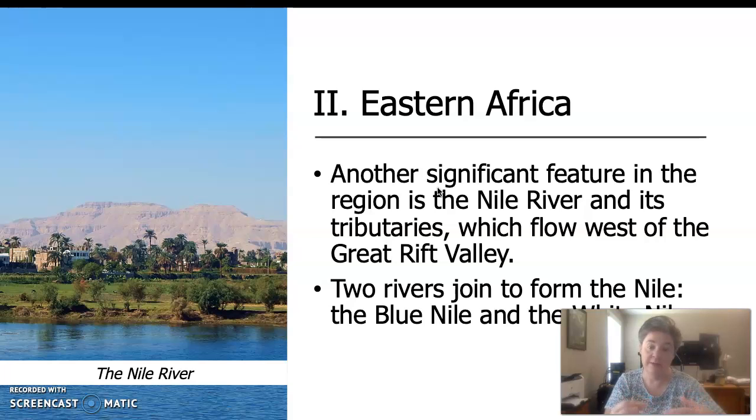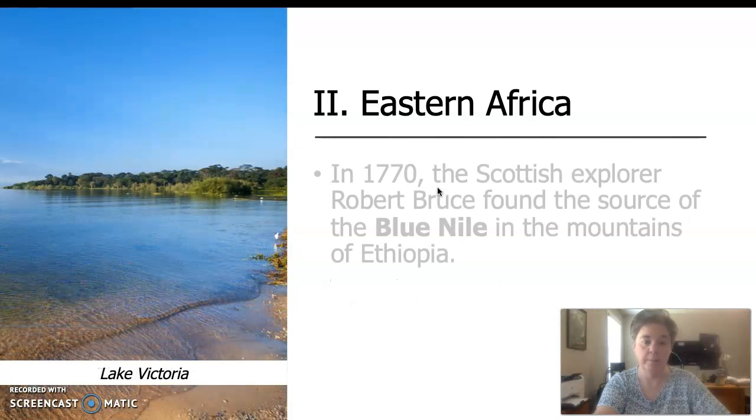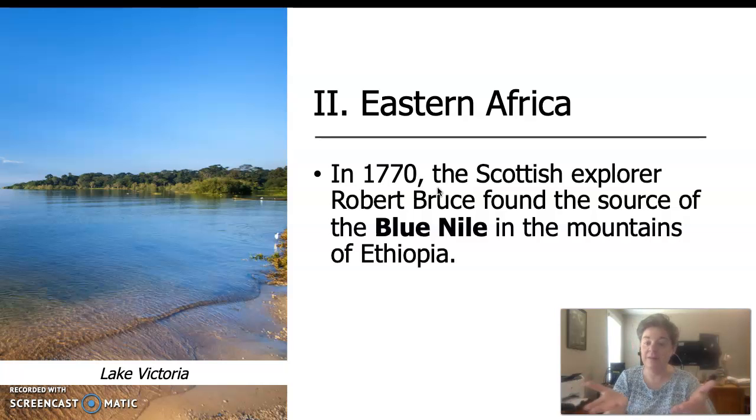But now we know that it's actually 2 rivers that join to form the Nile, and those 2 rivers are the Blue Nile and the White Nile. The White Nile is considerably longer than the Blue. So how did we find the source of the Nile? Well, in 1770, the Scottish explorer James Bruce traced the Blue Nile all the way into the mountains of Ethiopia.